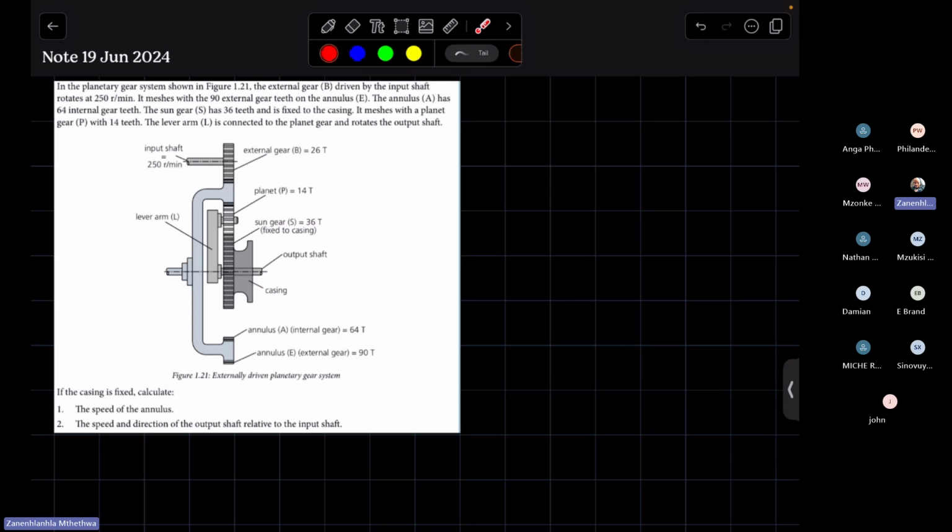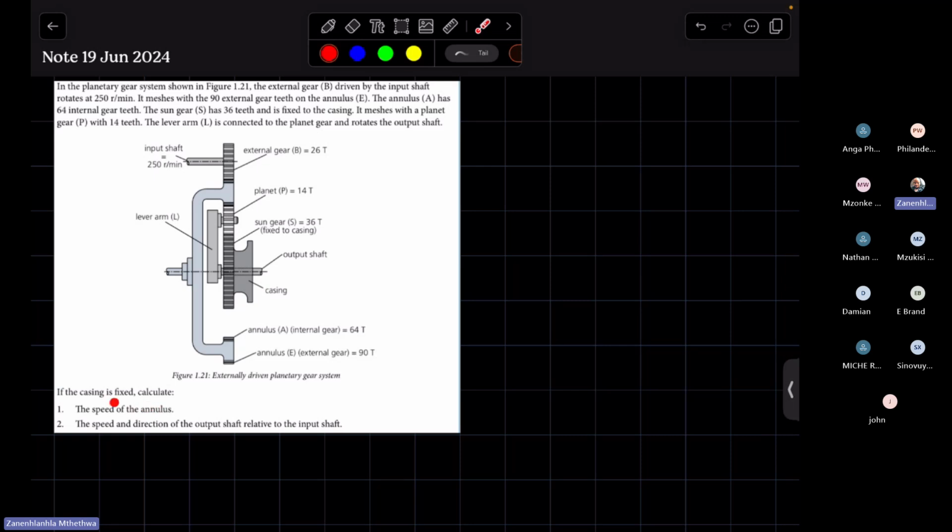Now, for instance, here, they said calculate the speed of the annulus. Number 2, the speed and direction. Number 2, you can do on your own. Number 2 is where you have to tabulate information and establish the third condition. The most important thing here that I want to show you is number 1.